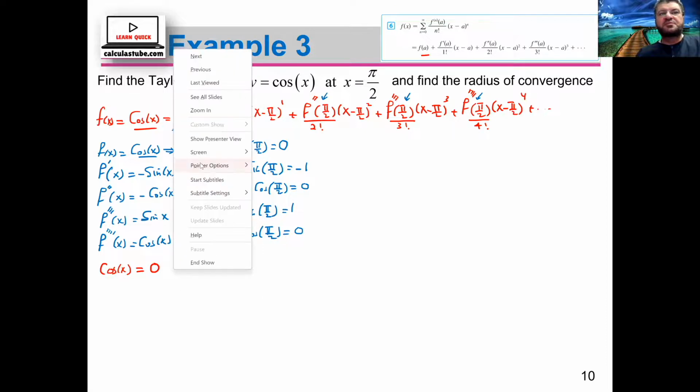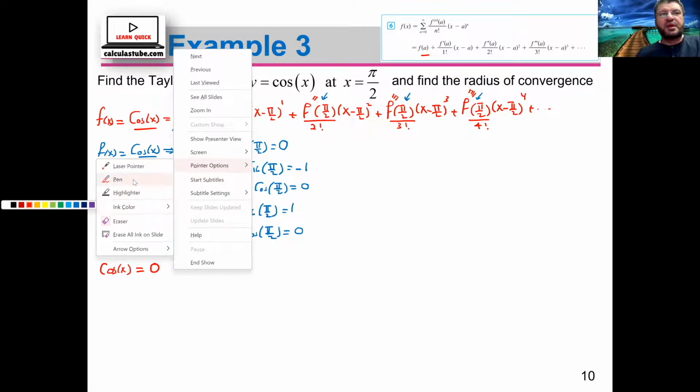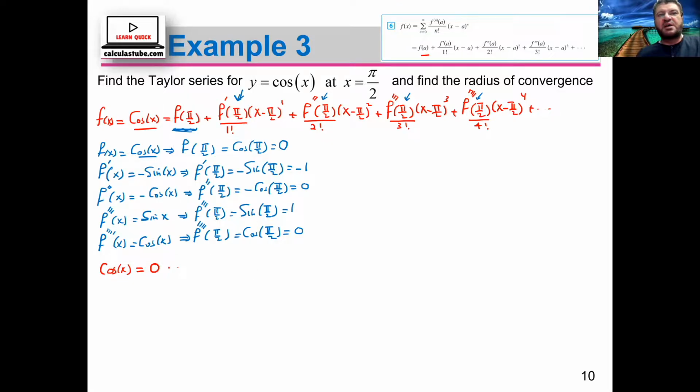So this is minus x minus pi over 2 of 1 over 1 factorial. Let's go to f double prime.